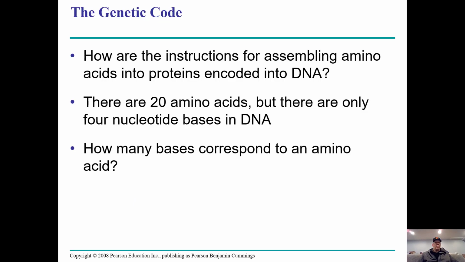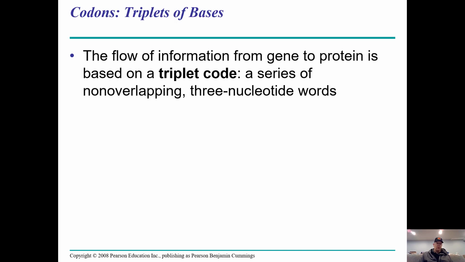So our genetic code is in what we call triplets, and it's all read in the messenger RNA. You have 20 amino acids, 4 nucleotides, right? A, T, C, and G, or in RNA it's A, U, C, and G. So you've got 20 amino acids, and we're looking at them in triplet code.